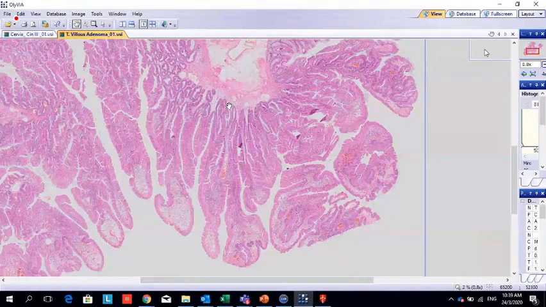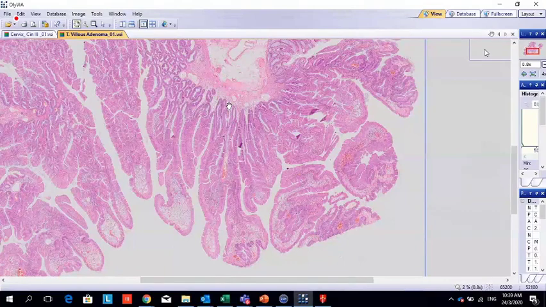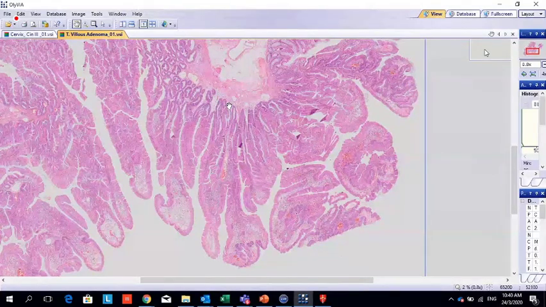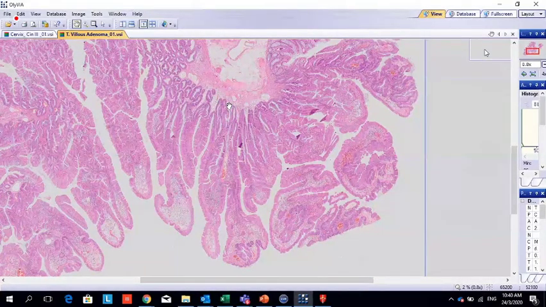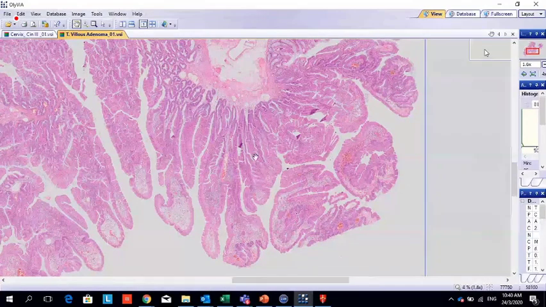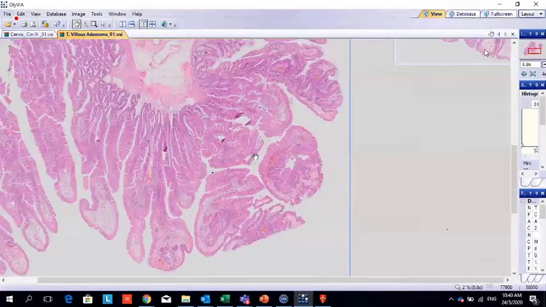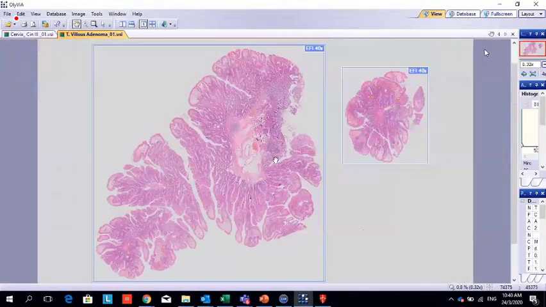So, how to describe? Look at the representative section of the specimen and describe your findings. We said it is a polypoidal structure composed of tubular glands with a fibrovascular connective tissue core or stalk.